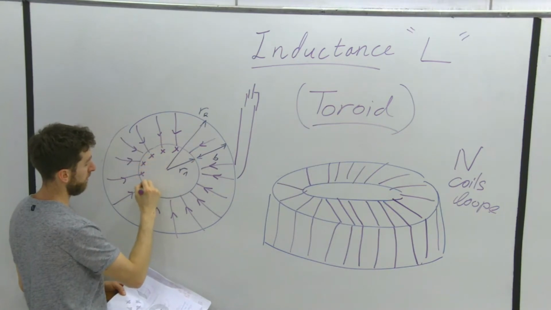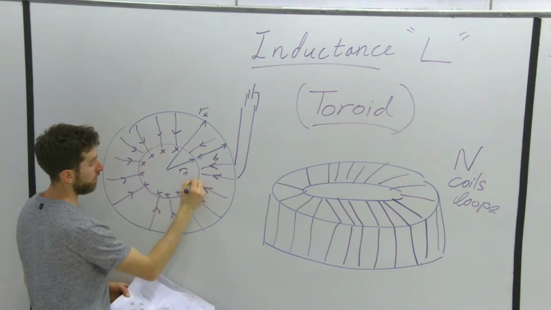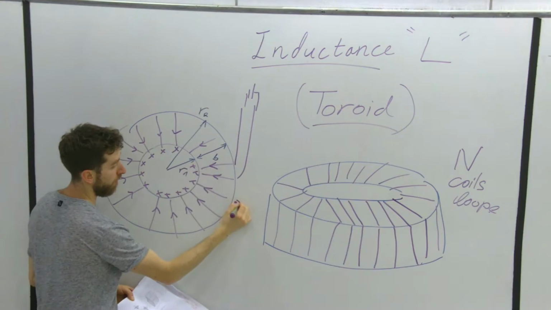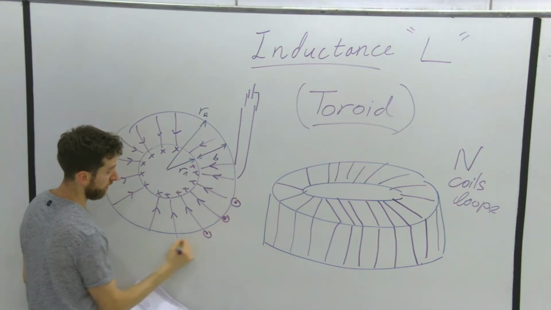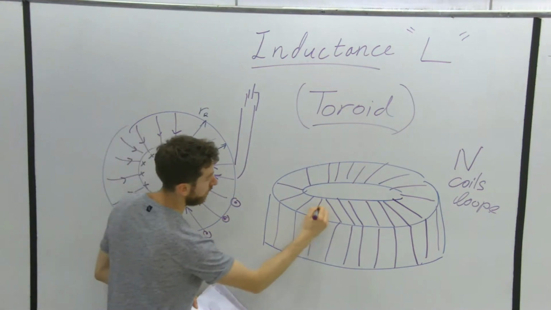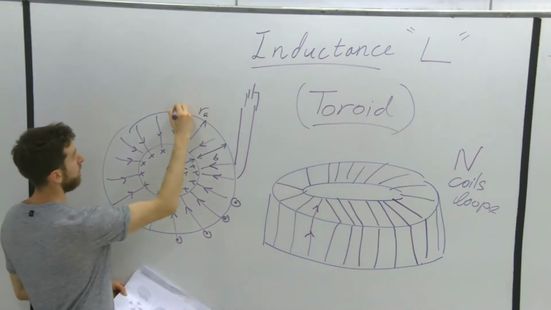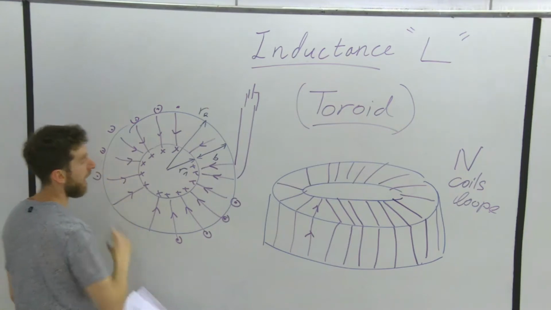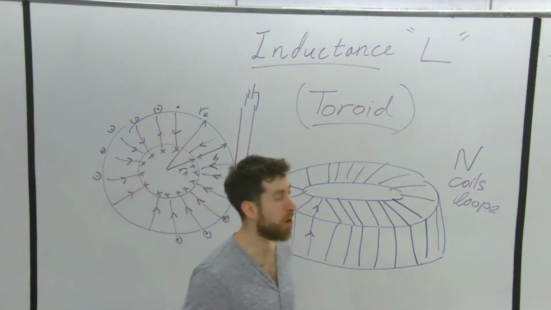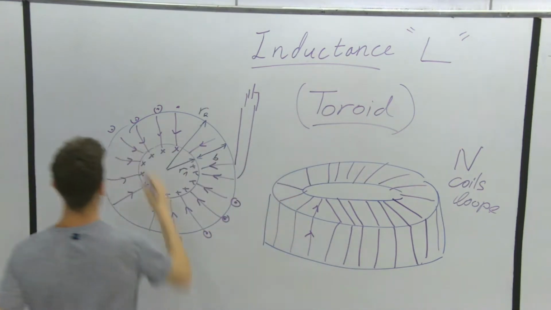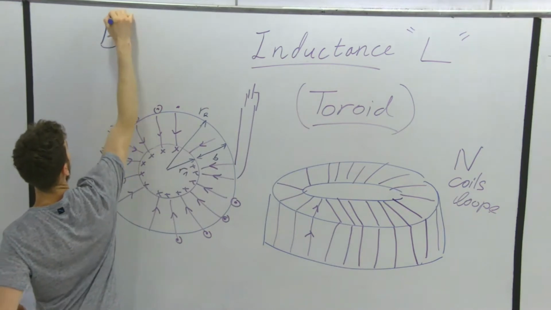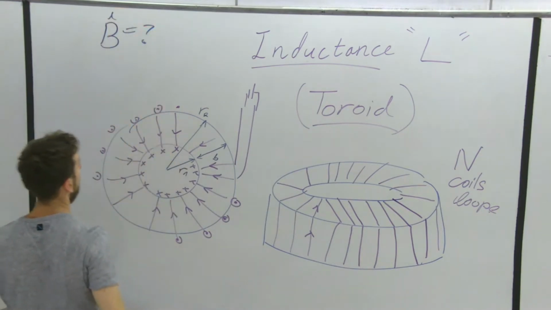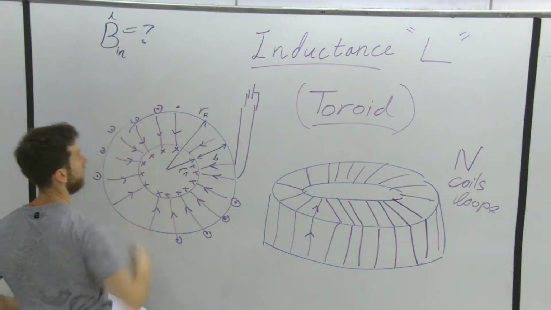And afterwards, the current goes outside. So these are the directions of the current inside it. And the first question I want to ask you is, what is the direction of the magnetic field inside this toroid?